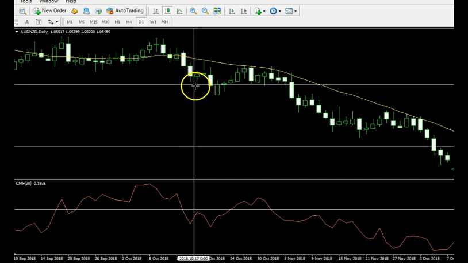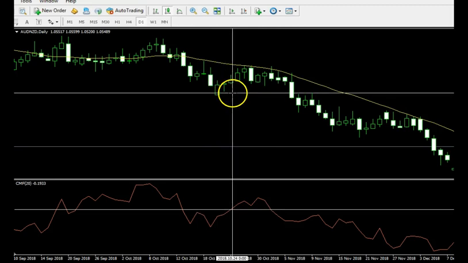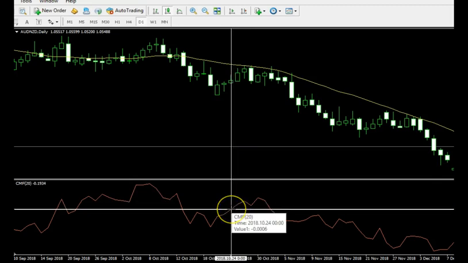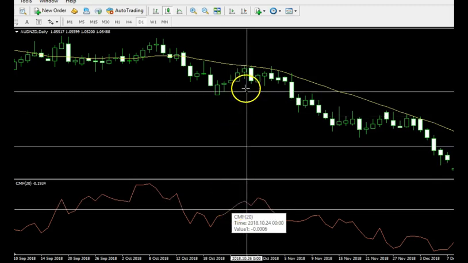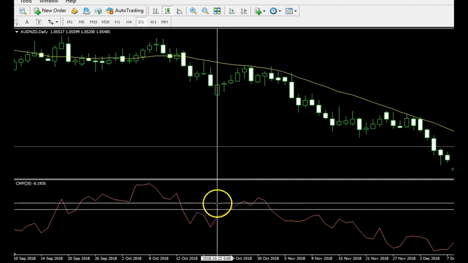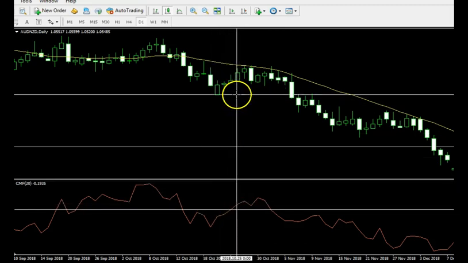And then if you didn't exit this trade right here or right here, it's really hard to tell when it's right on that 0. Let's take a look. Up just a little bit. So if you didn't exit right here, by the time your exit indicator crossed, your confirmation indicator crossed the other way, so you better have been out of that trade by then.